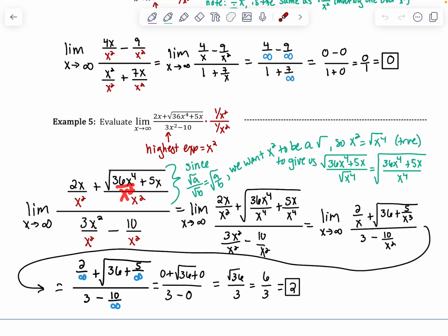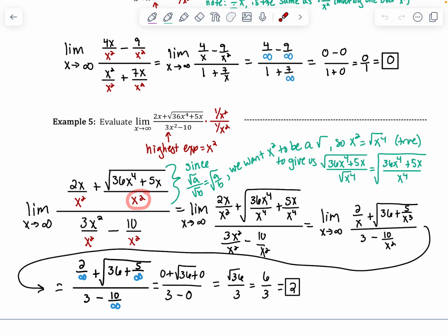I cannot divide this x squared under the individual terms as is because it's not in a radical. Remember, the rule is if you have a radical divided by the same radical, then you can go ahead and do the division on the inside, right? A square root can't divide by a cubed root, but fifth root divided by fifth root, then you can go ahead and divide the insides.